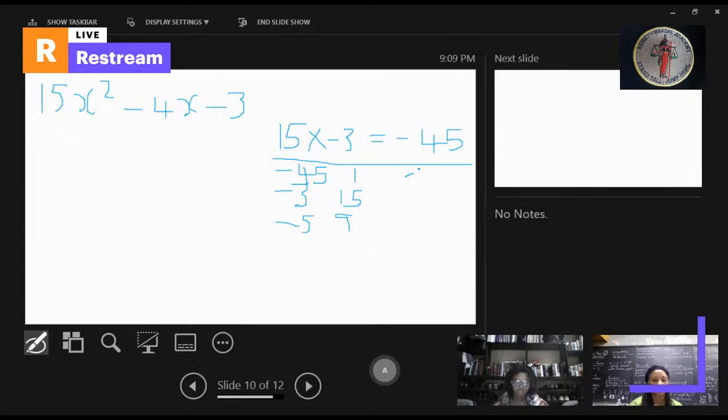Negative 1 and 45. Negative 15 and 3. Negative 9 and 5. All right, and the one that adds to give negative 4 is negative 9 and 5.